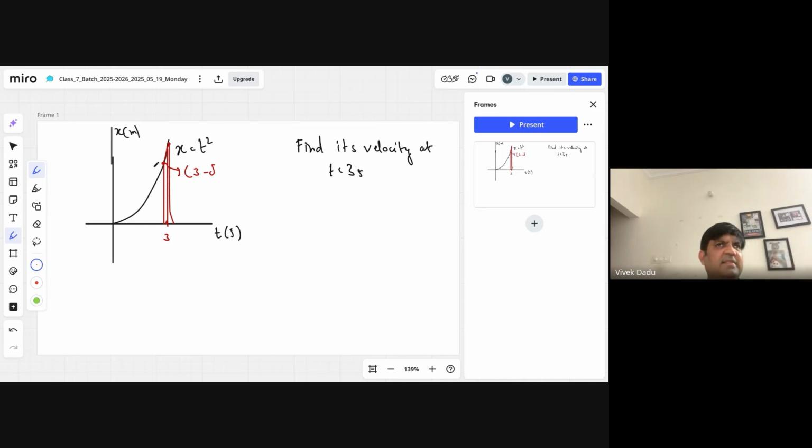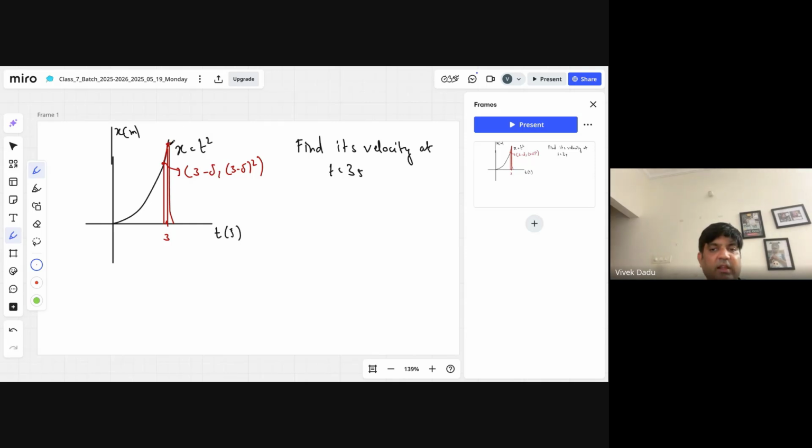Time is a little less than 3 seconds here. Now I look at the equation of the curve. So what is this point then? 3 minus delta comma (3 minus delta) whole square. Why? Because from the curve equation, when t equal to 3 minus delta, x is equal to t square, so (3 minus delta) whole square.